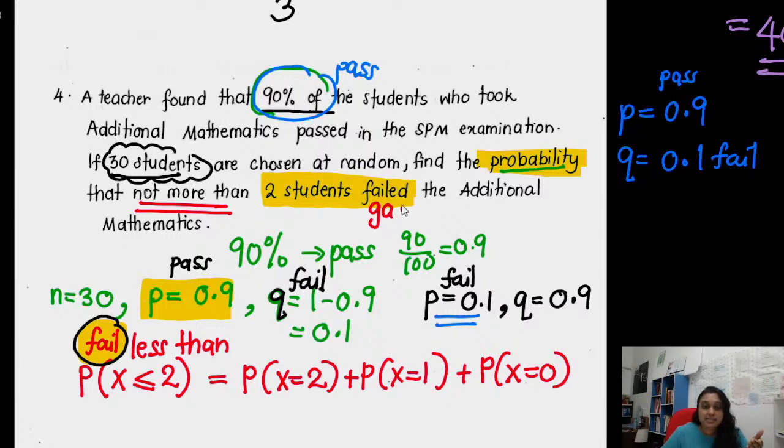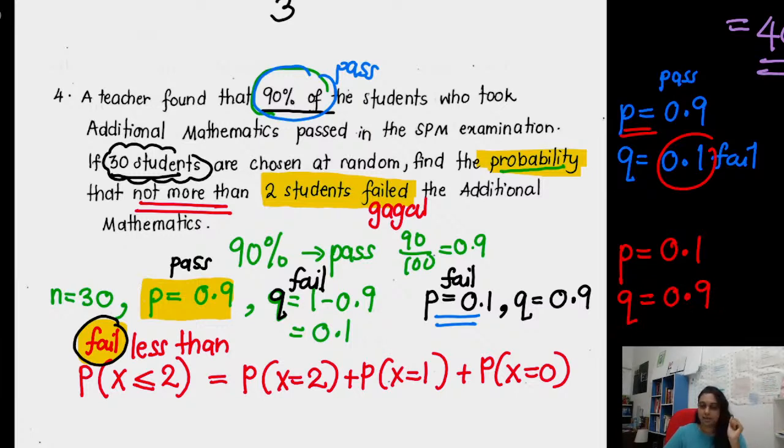So if they are asking about fail, it means you cannot use the P for the pass one. You have to use the fail one. So you have to change. Your P now must be 0.1. Your Q will be 0.9, because you must follow, your question is asking for the fail one. So that's why we change the P and Q.